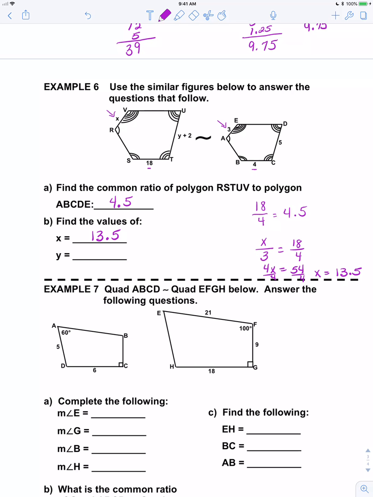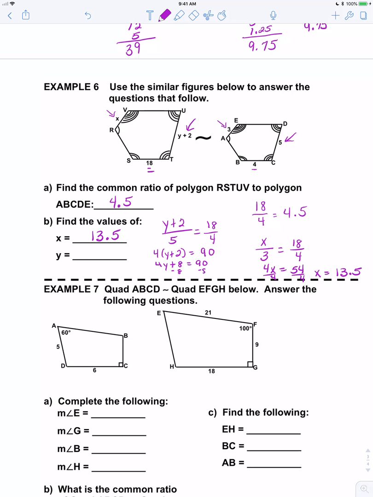So then we're going to find a y, and it corresponds to the 5. So we're going to say, again, the big one, y plus 2 over 5 is equal to the one that we know, 18 over 4. Cross multiply again. Remember, you have to distribute that 4 to the y plus 2, and then 18 times 5 is 90. So that gives us 4y plus 8 is equal to 90.